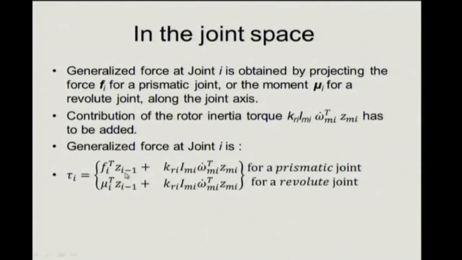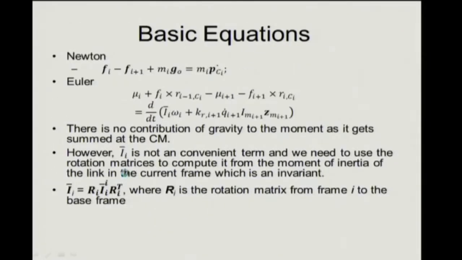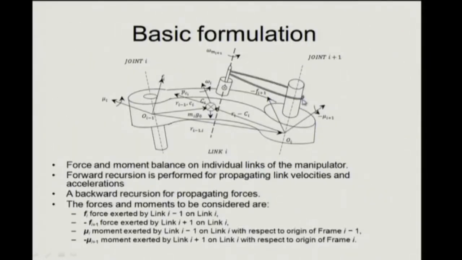So, finally, writing that equation is very nice, but we are interested in joint torques and joint forces. So, what we do is essentially very simple. If this is a revolute joint and I want to know the joint torque, if this moment is being applied, I just need to project this along this axis.